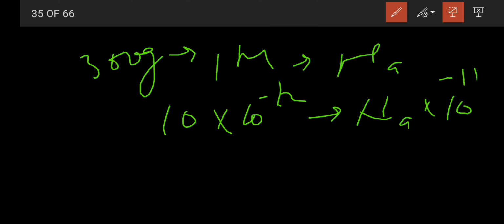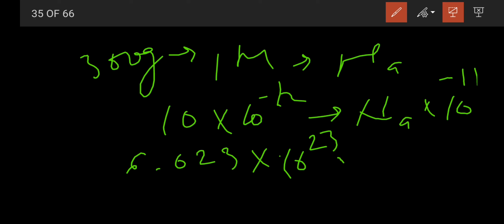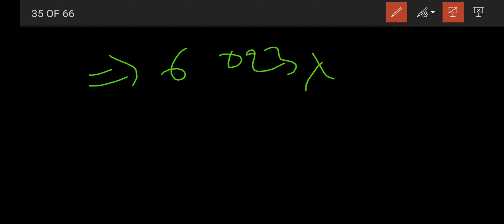That is 6.023 into 10 to the power 23 into 10 power minus 11. So erase all, the answer will be 6.023 into 10 to the power 12.